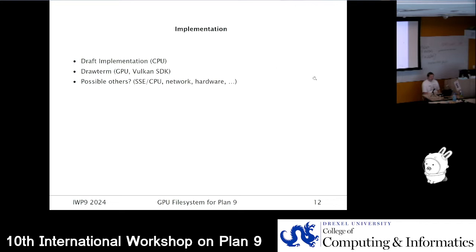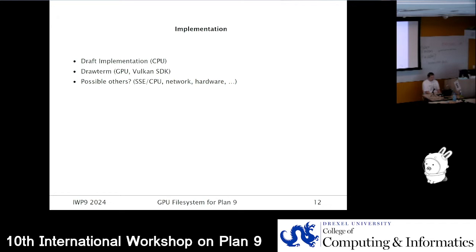I still want to tell you about the implementations that I did, or that I didn't do. At first, I started with the draft implementation. That's a fully CPU-based implementation. That was my implementation when I was also writing the paper. Its focus was on the file system, and I paused it because I wanted to refine the interface with an actual GPU.